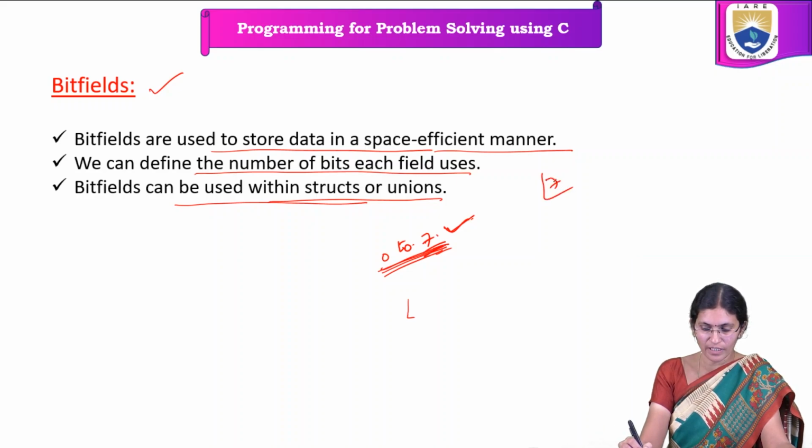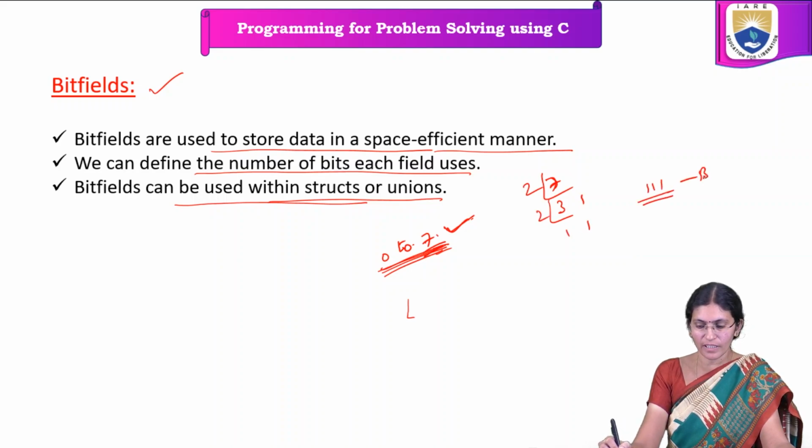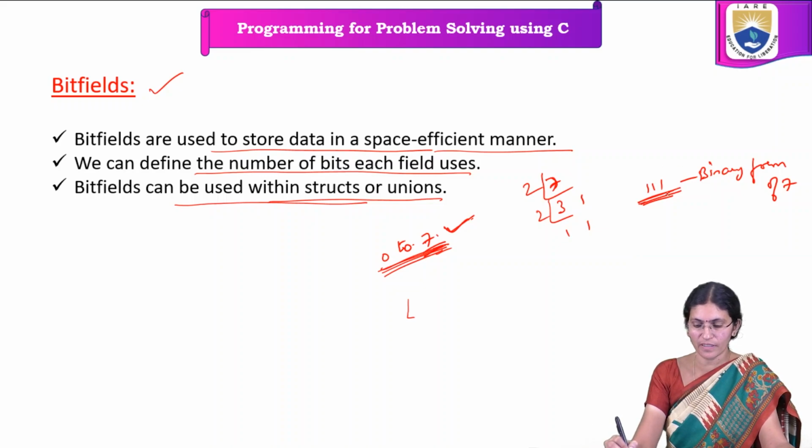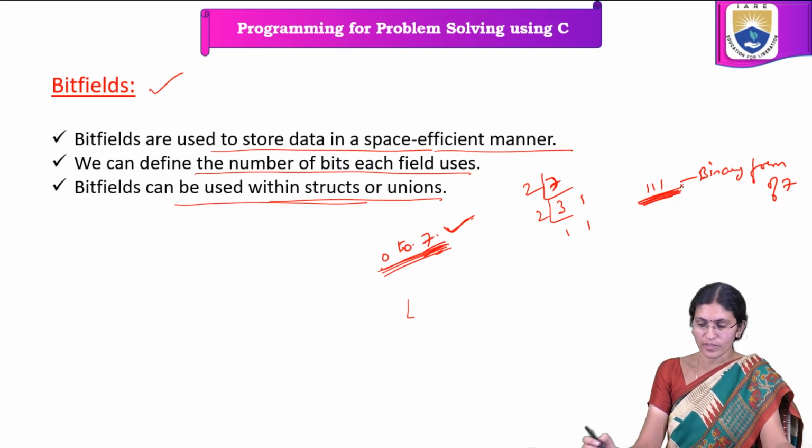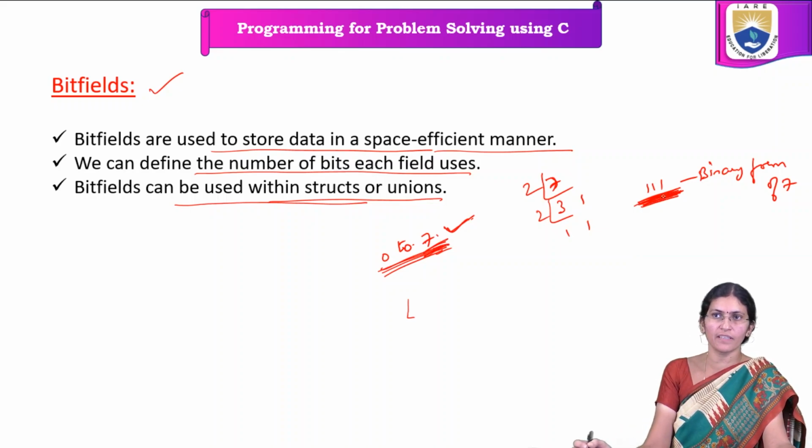Convert it to binary form: 1, 1, 1. This is the binary form of 7. So in the computer, 7 is represented this way. Therefore, only 3 bits are required in order to store the value 7.